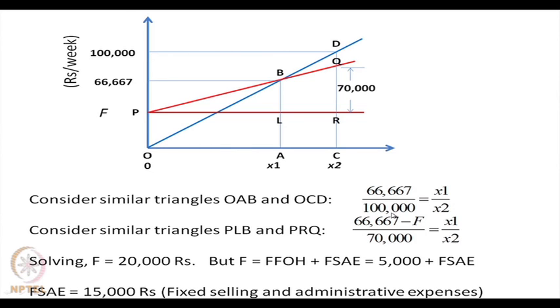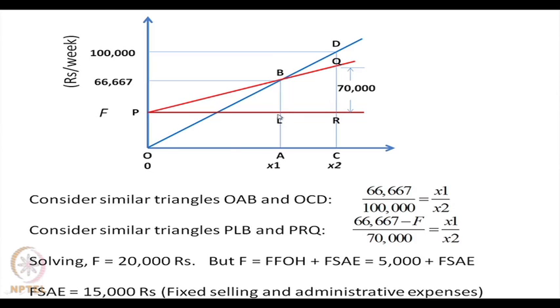Therefore, this by this is equal to x1 by x2. Now, consider similar triangles PLB and PRQ. So, this triangle and this triangle are also similar, and therefore, BL divided by QR is equal to PL divided by PR.